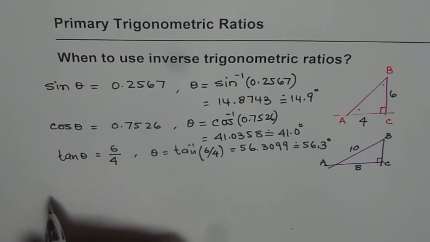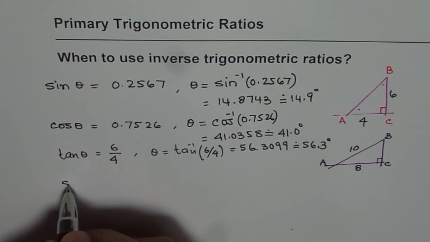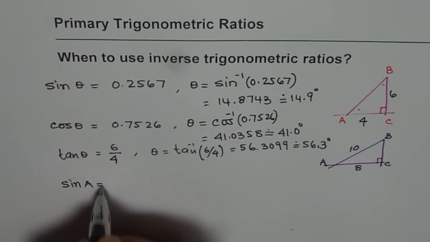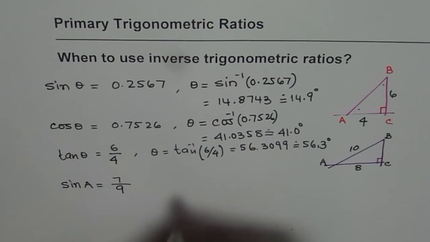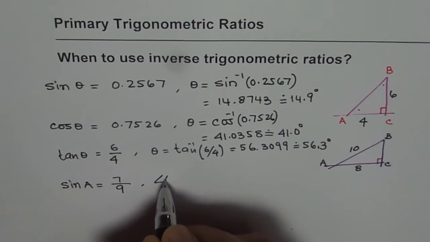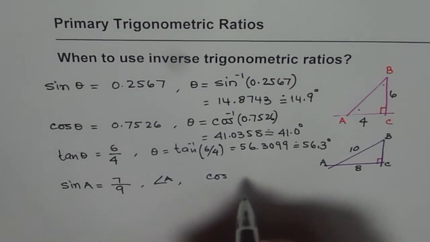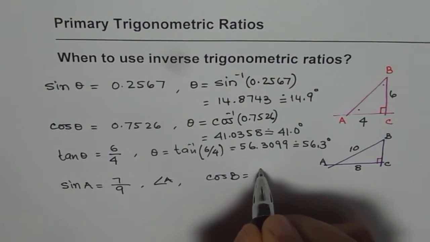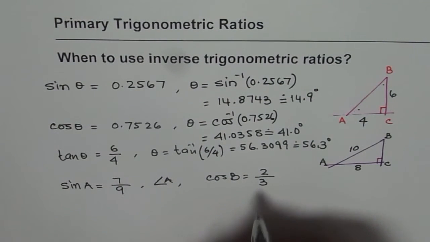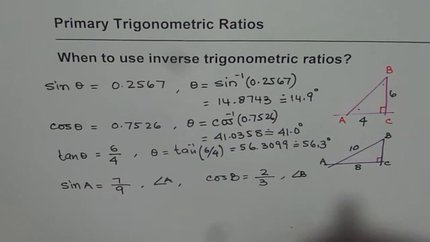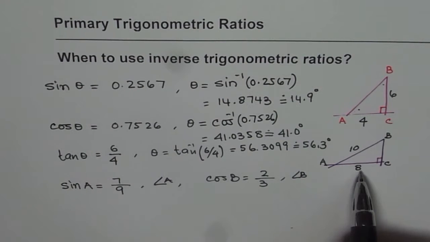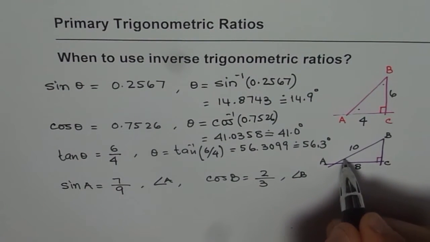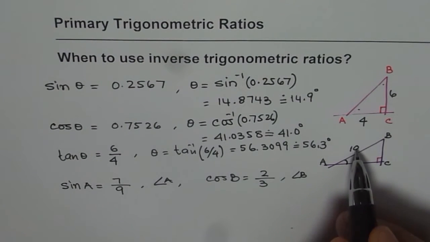Okay, now here is a practice question for you. If I say sine A is equal to 7 over 9, find angle A. If I say cos B is equal to 2 over 3, find angle B. And then we have this triangle ABC whose two sides are given to us: the adjacent side with respect to A, and the hypotenuse.